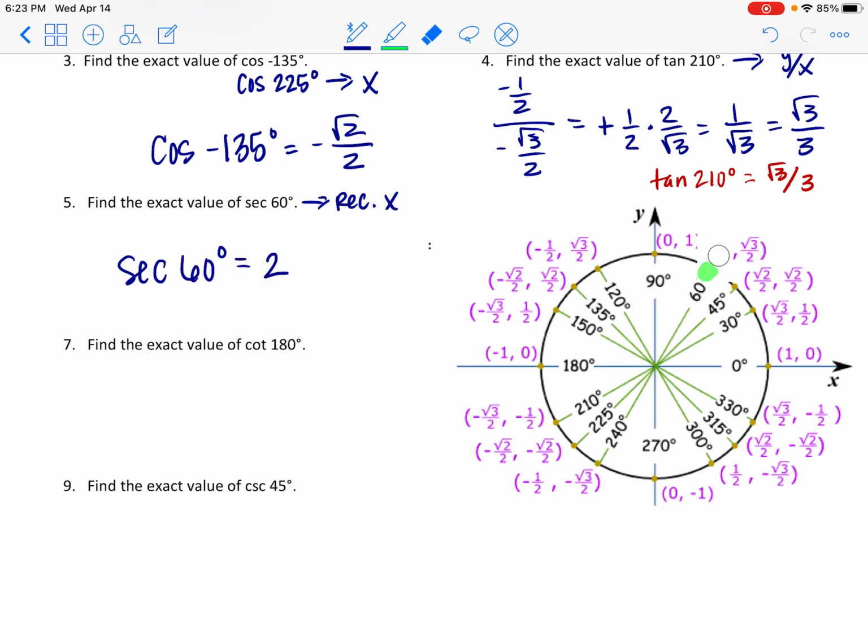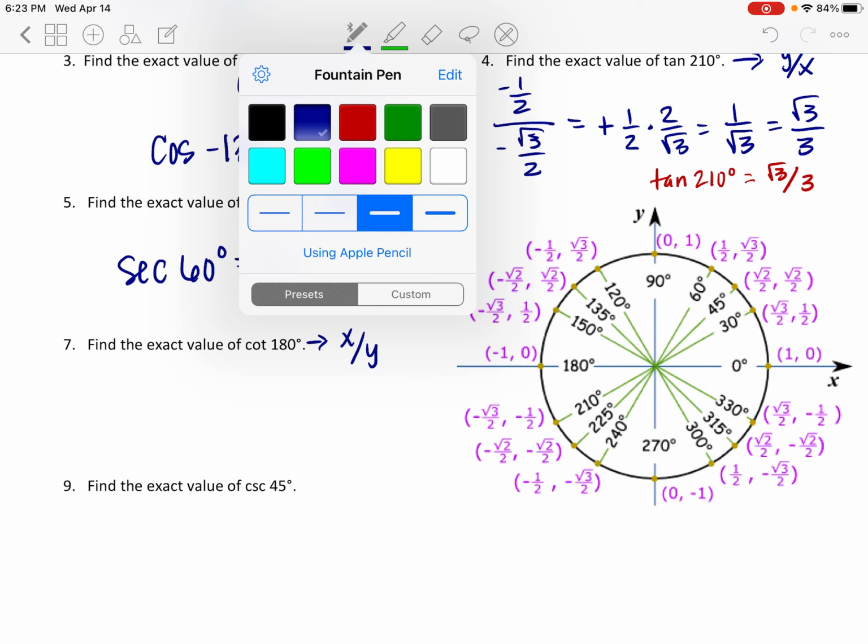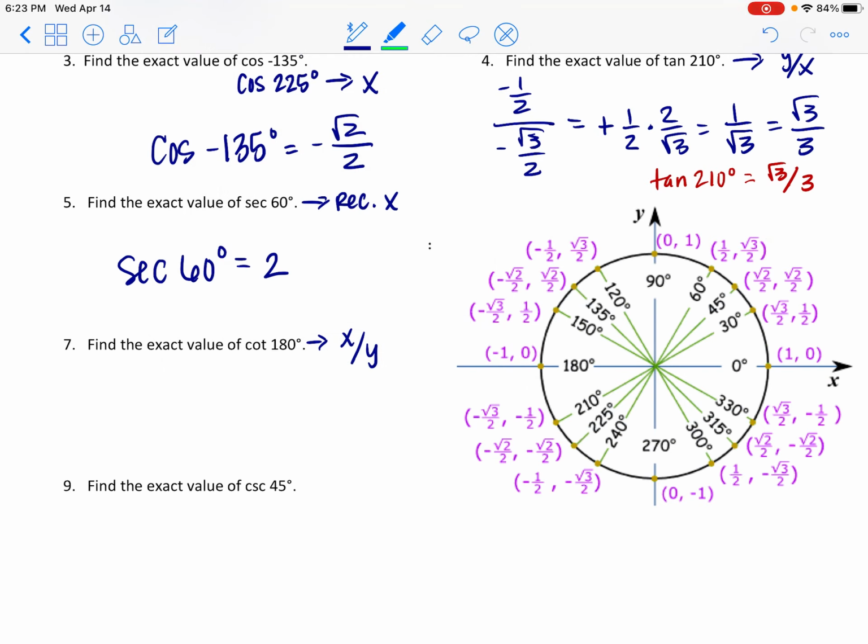Okay, that wasn't so bad. Here, we want the exact value for the cotangent of 180. The cotangent is the reciprocal of tangent, and tangent is y over x, so this is going to be x over y. So we go to 180 degrees, right here, and we put the x value over the y value.